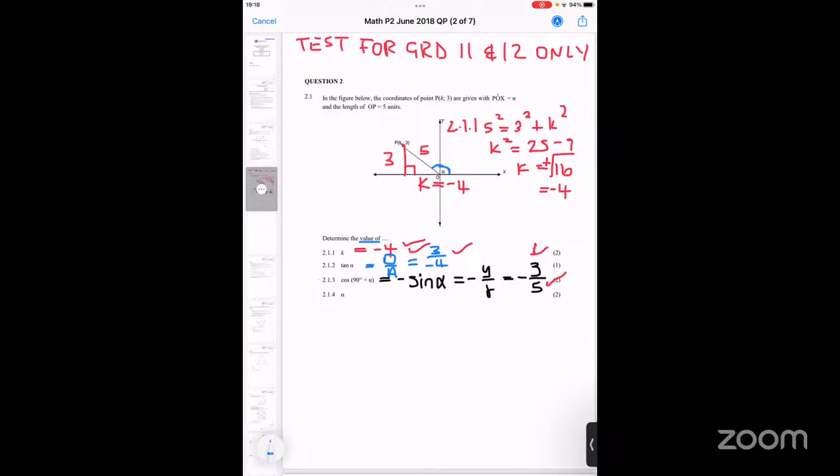The diagram is in the second quadrant, yes? So can we use sine theta? Okay. So alpha in this case, or should I say theta as you say? It's theta, because I want to calculate this angle of this diagram first.